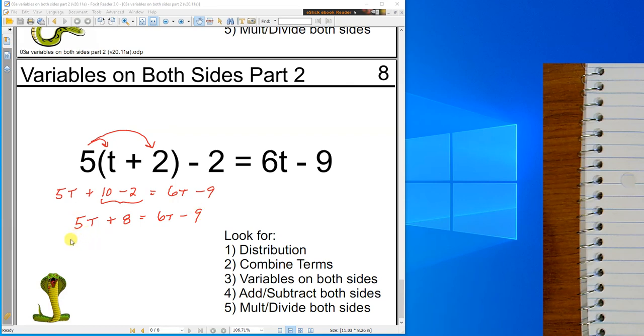I'm going to do minus 5t to both sides. It's just easier for my brain to do 6 minus 5. 8 equals 6 minus 5, that's t minus 9. And let's add 9 to both sides. Plus 9, plus 9. That's going to give me 17 equals t.